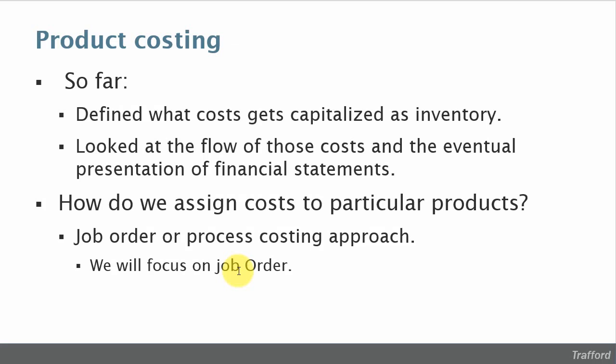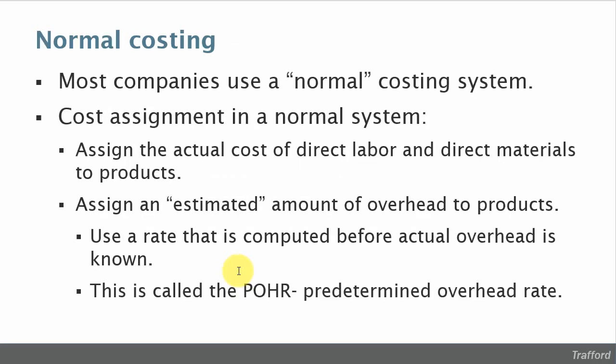Previously, when we prepared financial statements for manufacturing companies, we used what would be called an actual costing system. In an actual costing system, companies put the actual cost of direct materials, direct labor, and manufacturing overhead into their work in process account. In reality, most companies use a normal costing system.